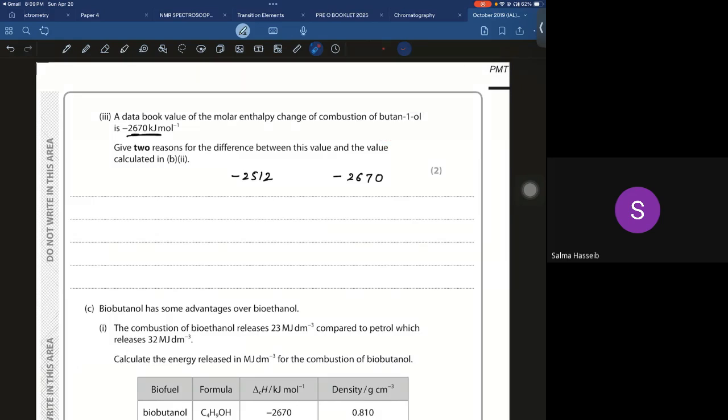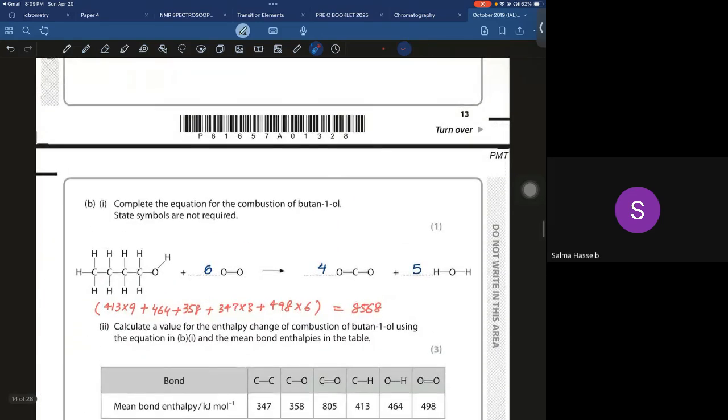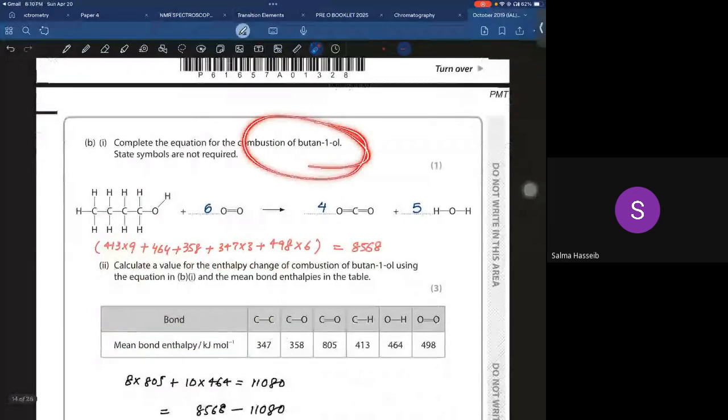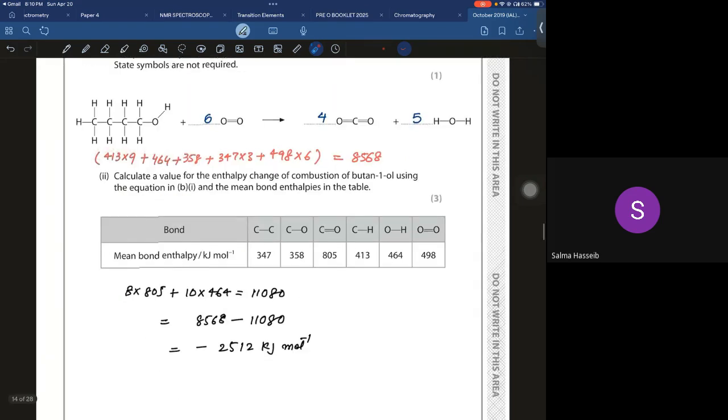A data book value, butan-1-ol, and its combustion. Combustion means it's going to produce a gas because it has a higher temperature. So this is going to be gas. Okay, combustion of butan-1-ol.